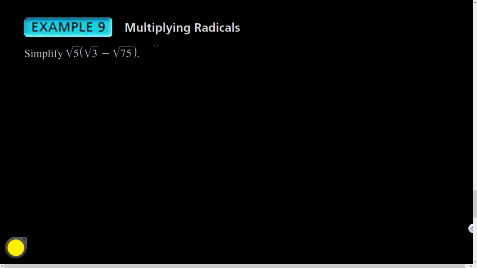Now, you can multiply in a distributive type sense, multiplication over addition, subtraction, all that. And so when multiplying these, I'm unsure. You know what? Square root of 5 times square root of 3 is square root of 15. And I know that that doesn't have a perfect square that goes into it. Minus, should I multiply this all out?